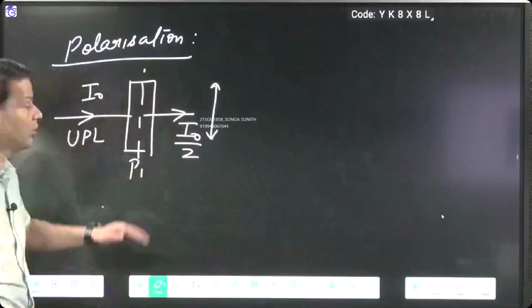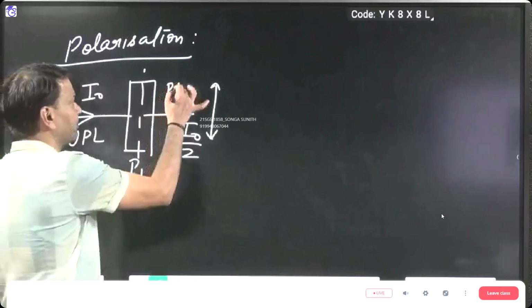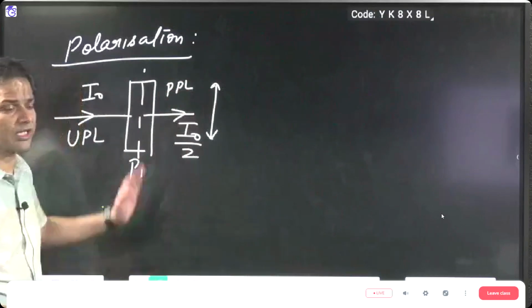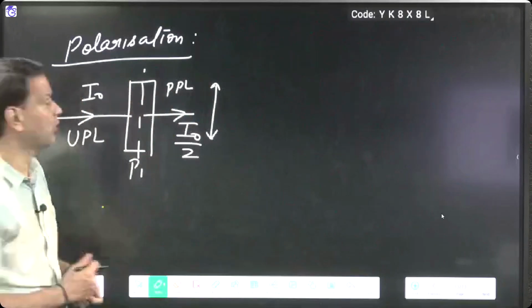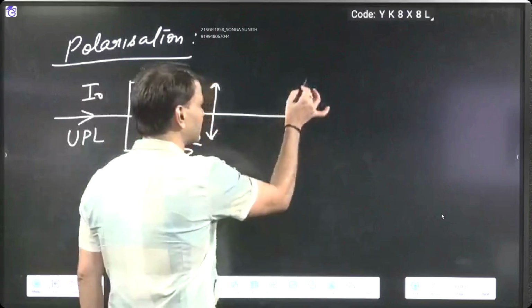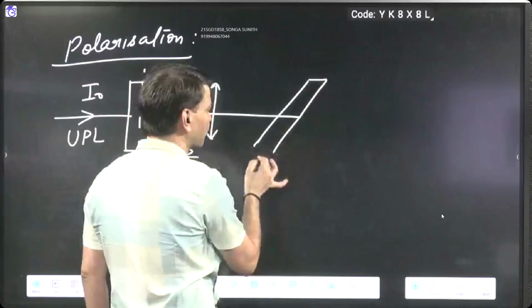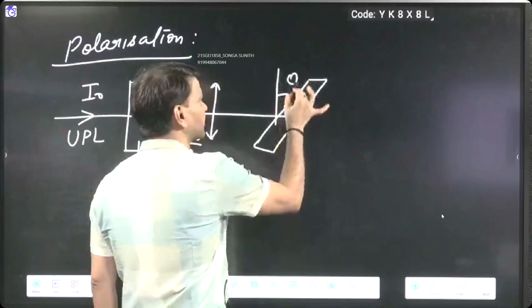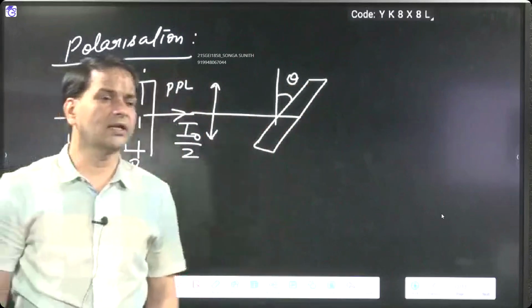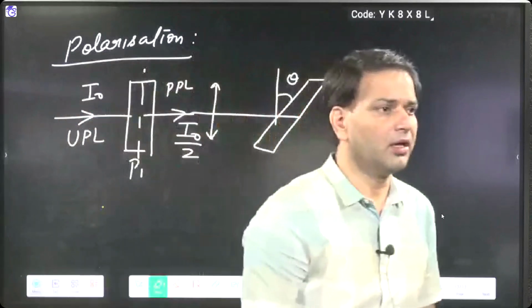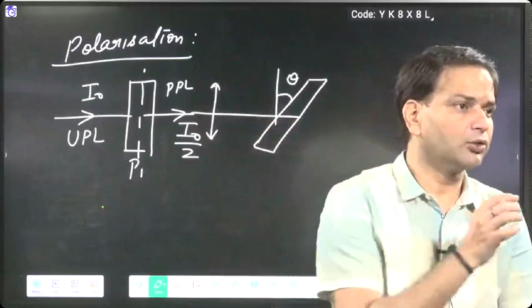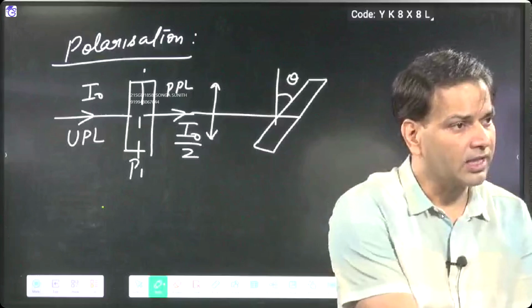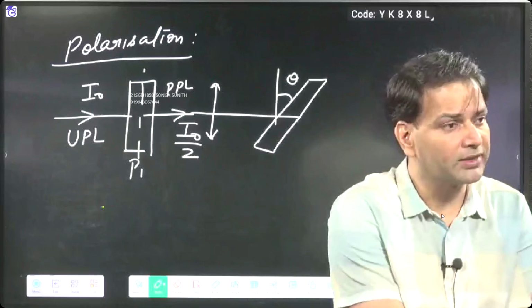Now after that you will have the PPL, plane polarized light whose axis is parallel to the first polarizer. Now it passes through another polarizer. Suppose the angle between the first and second is theta. When you have PPL passing through a different polarizer, you apply Malus law.